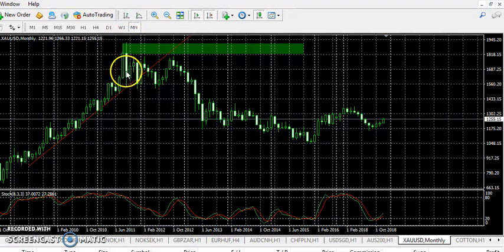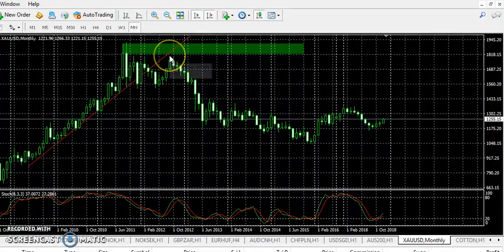So this was not a structural retest, because if this was a structural retest, then these highs would be broken and price would create a higher low. So this is supply. So this was now a structural retest of supply that went lower here.